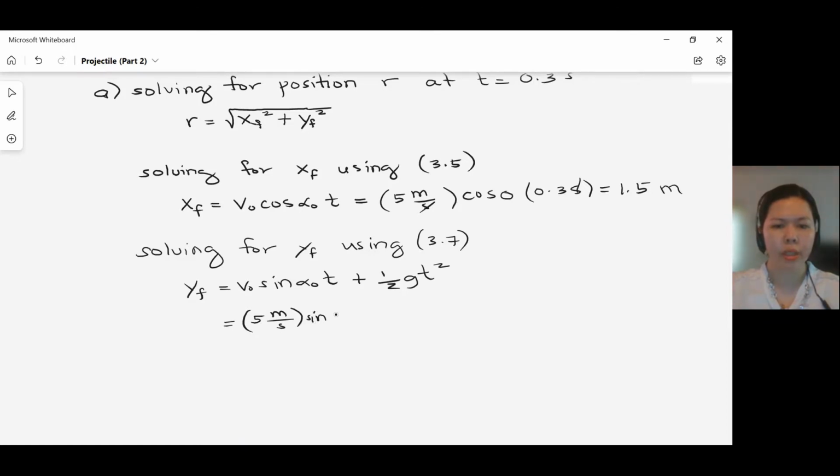However, sine 0 is actually 0. So I'm just substituting, but we know that because sine 0 is 0, this first term is 0.